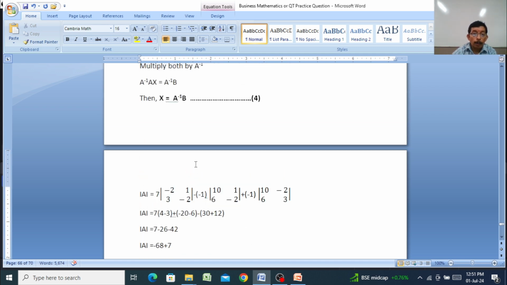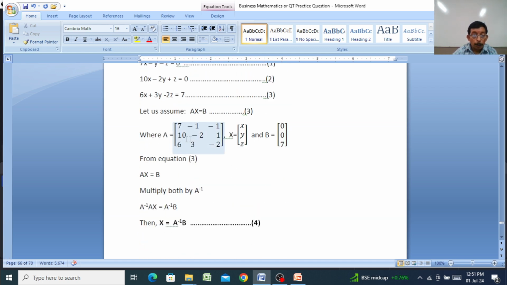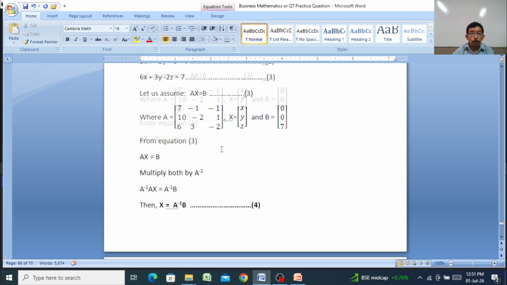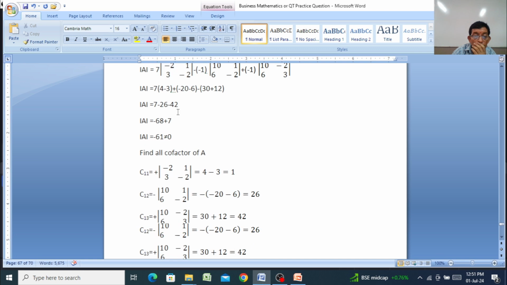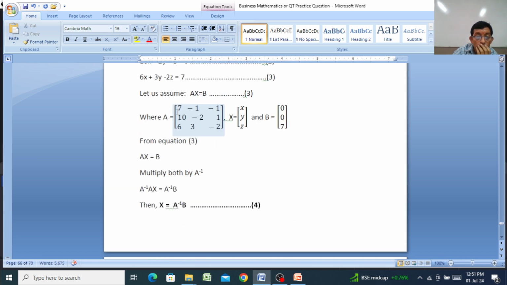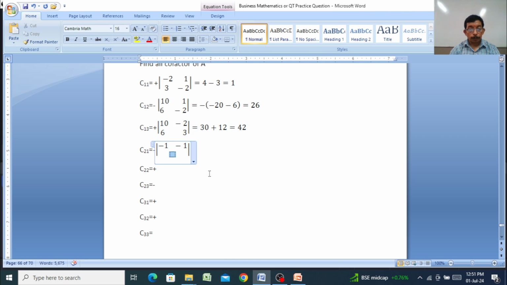Now we come to the second row first column element. Second row first column canceled, the remaining elements -1, 3, -2, 3.